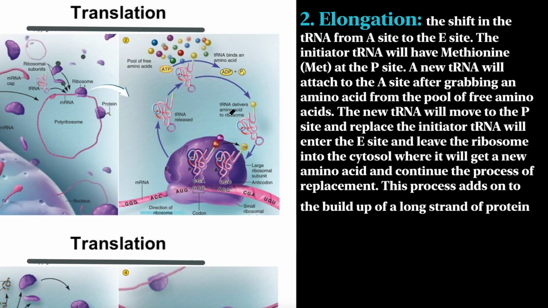So now we have a second stage of translation, and that is known as elongation. So we zoom into the ribosome, and this is what we see. Now this starts with the initiator tRNA, and unfortunately this picture does not show the initiator tRNA. So you may be wondering, what is the initiator tRNA?